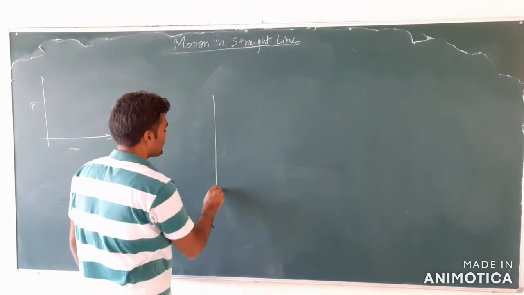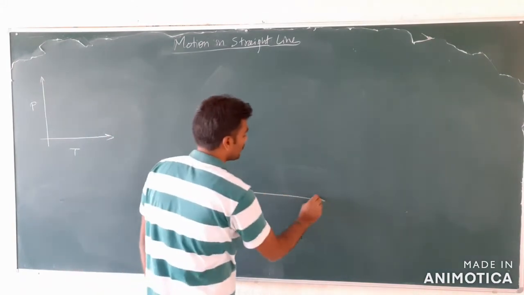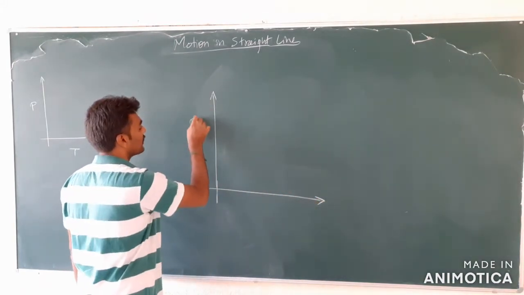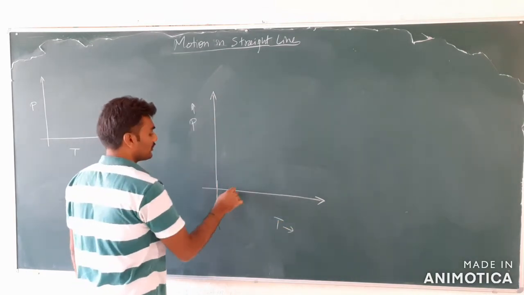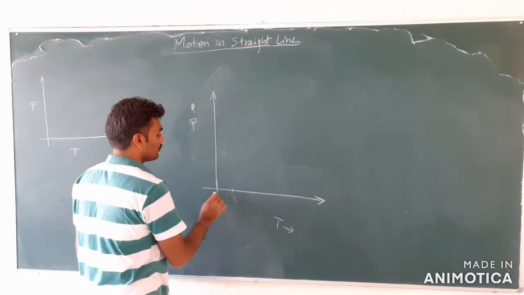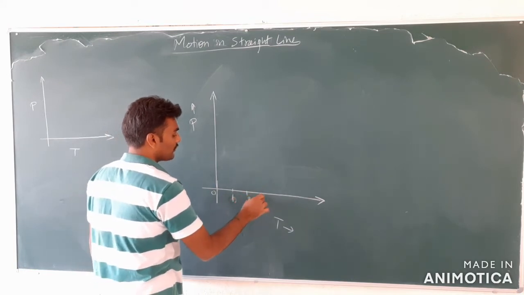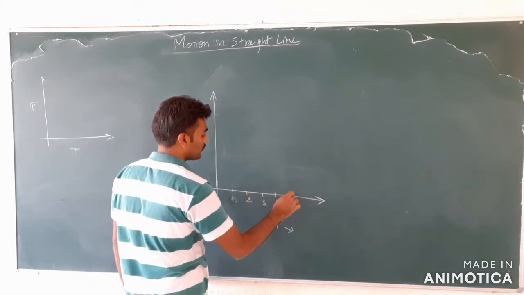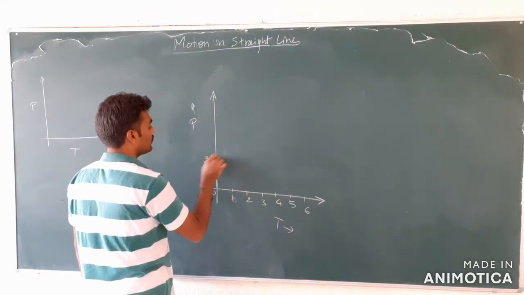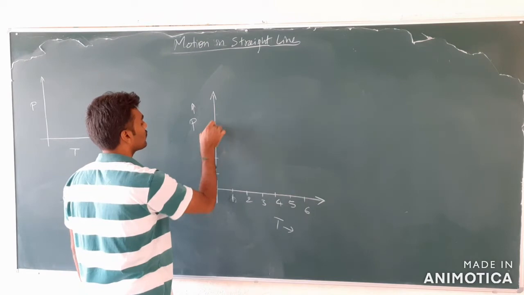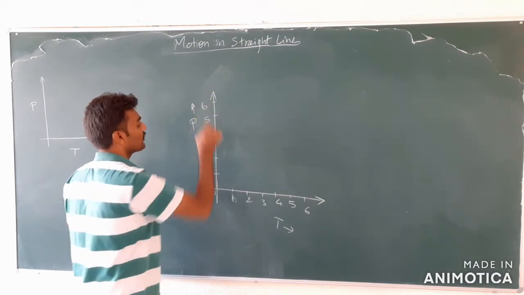So this is the PT graph that I am taking as example again. It is 0, 1, 2 second, 3 second, 4 second, 5 second, 6, and 1 meter, 2 meter, 3 meter, 4 meter, 5 meter, 6 meter.